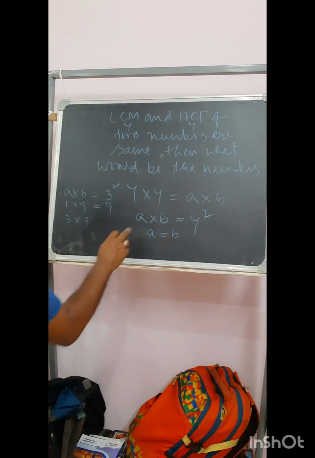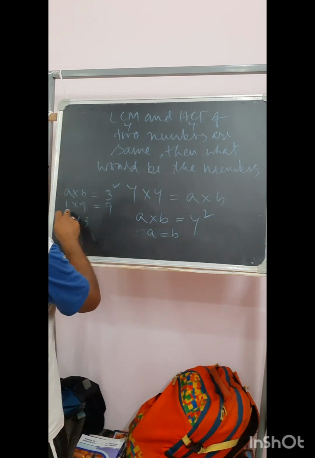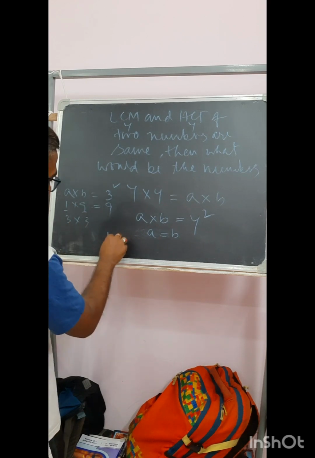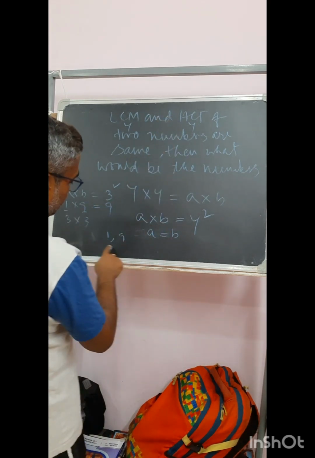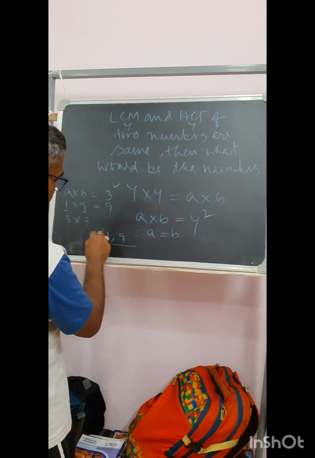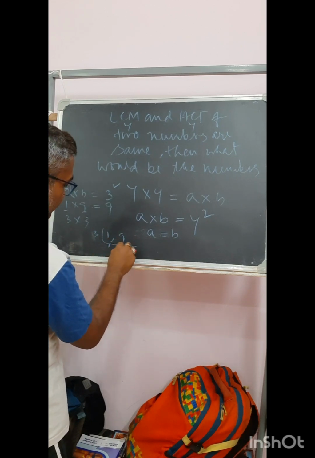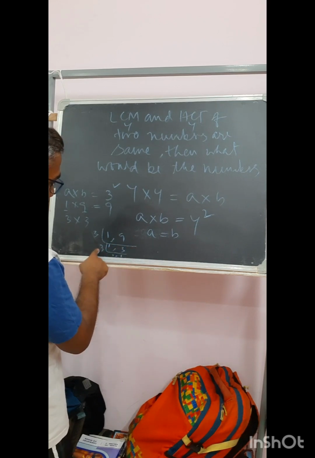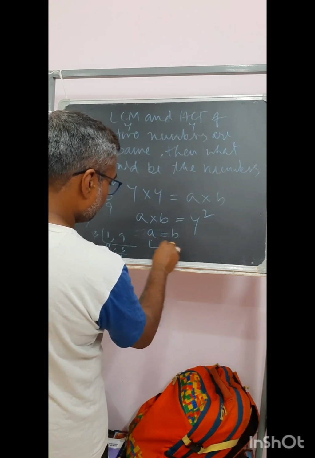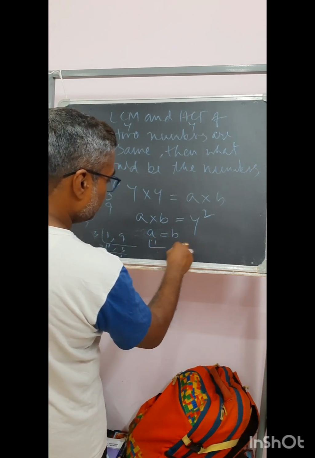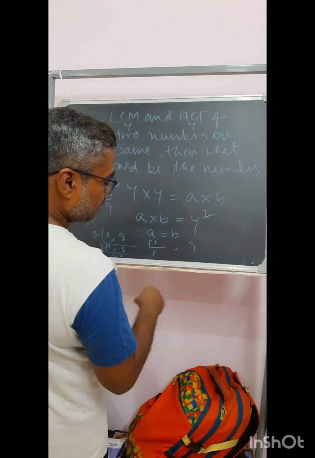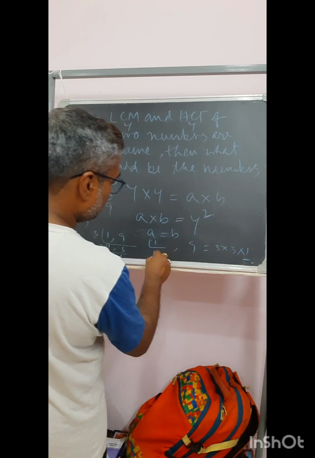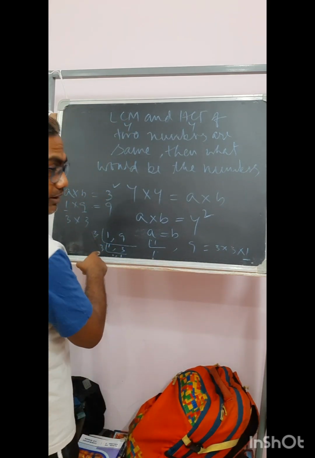So with these two numbers 1 and 9, I cannot get equal LCM and HCF, because if I try to factorize, I will get LCM 9, but for HCF, individually 1 has only one factor 1, 9 has 3 into 3 into 1, so common is only 1, so the HCF and LCM of 1 and 9 cannot be equal.